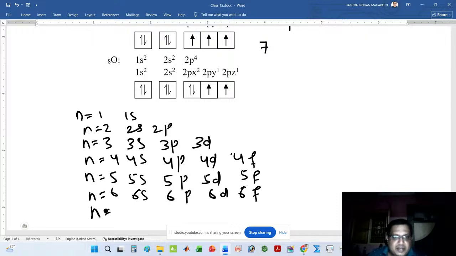If n is equal to 7, then I can write 7s, 7p, 7d, 7f. You can think about the other orbitals.